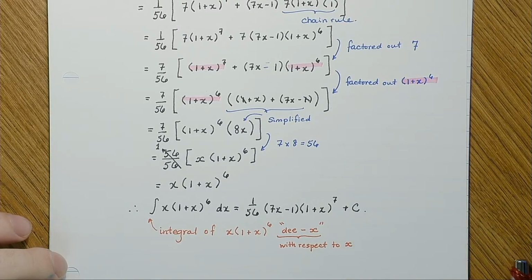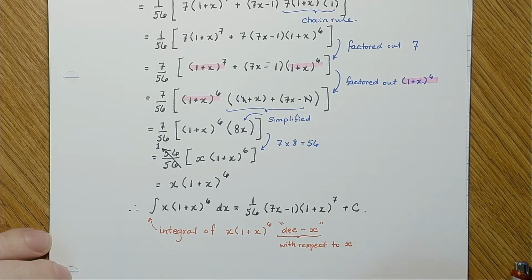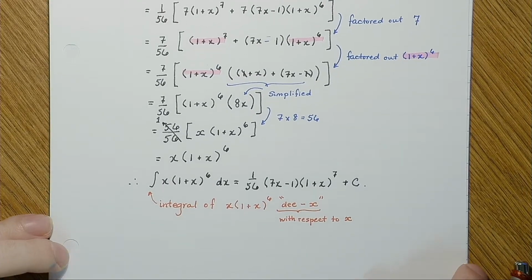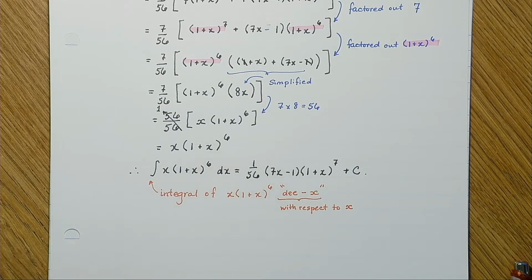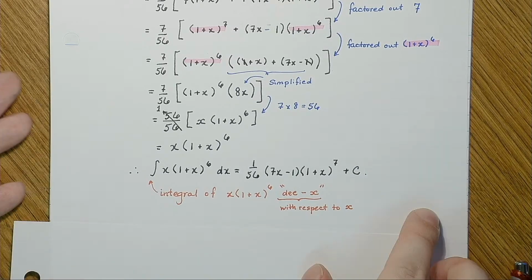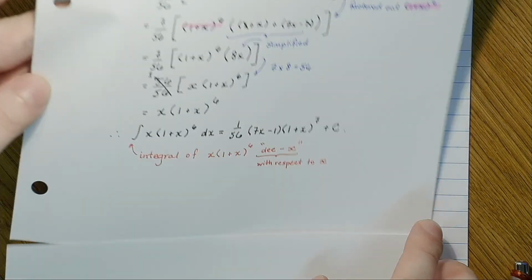The reason why we usually write what we're taking the derivative or the integral with respect to is because sometimes you might not have a function with just one variable in it.